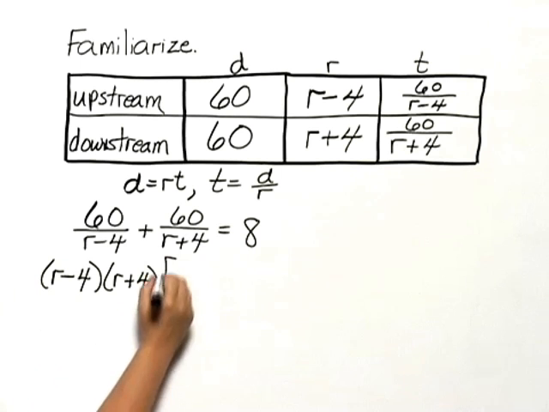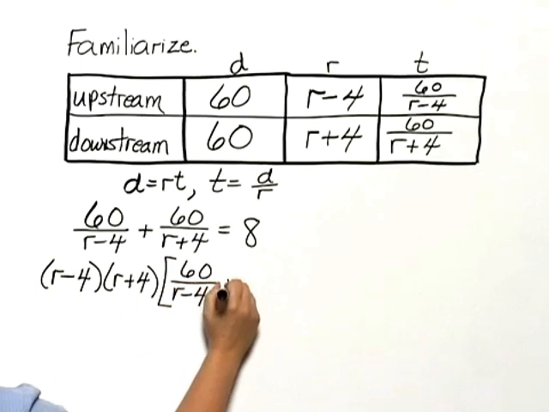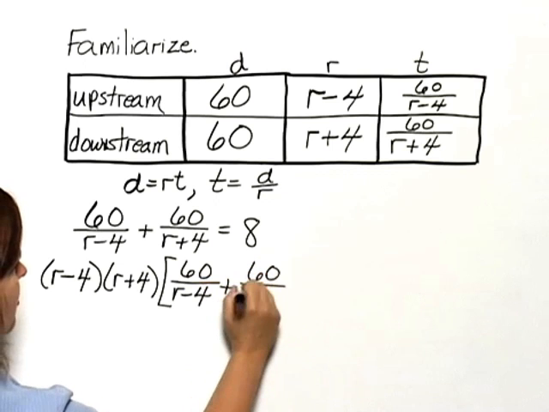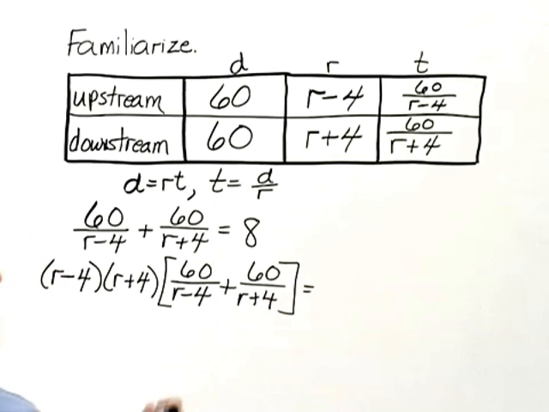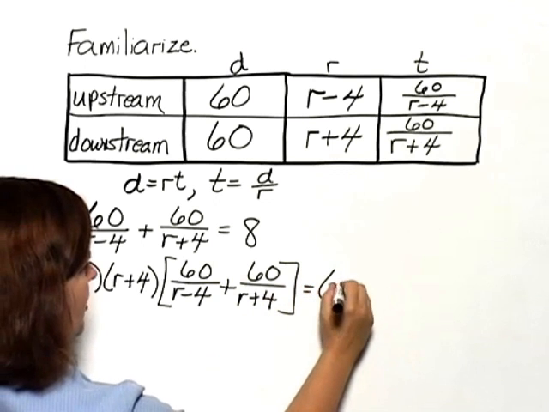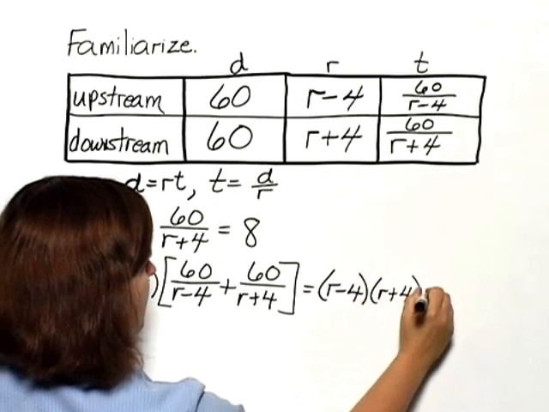We multiply that by the left side, that's 60 over R minus 4, plus 60 over R plus 4. And we also multiply that by 8, which is the right side of the equation: R minus 4 times R plus 4 times 8.